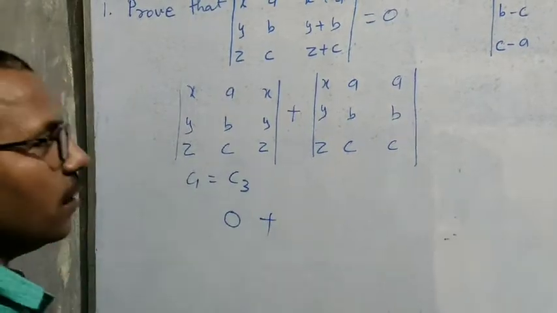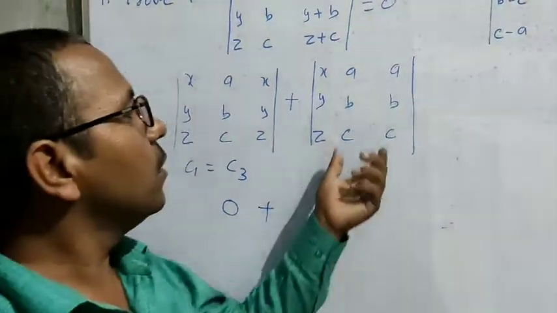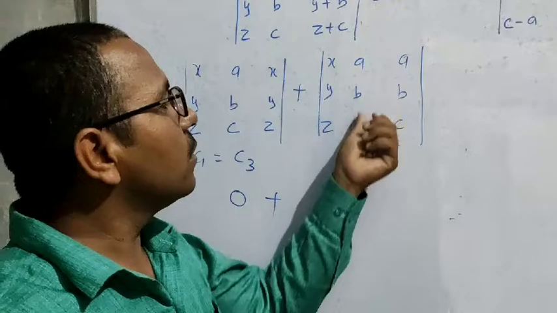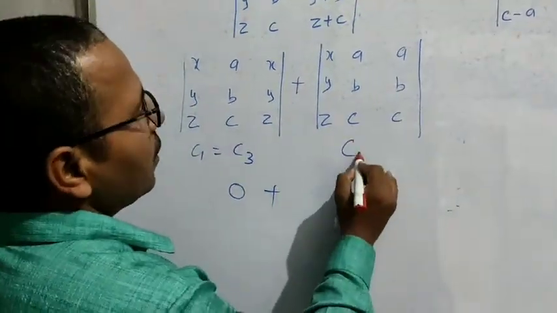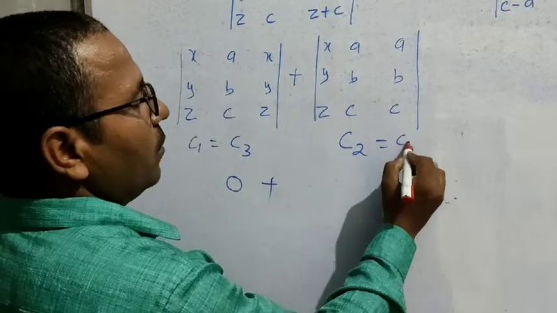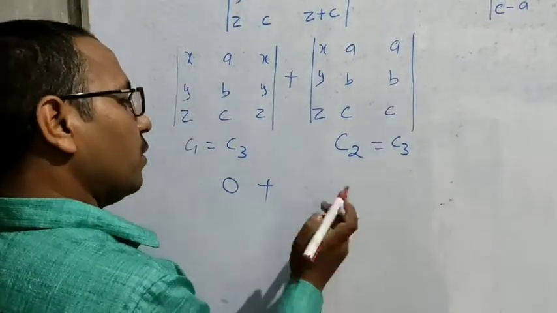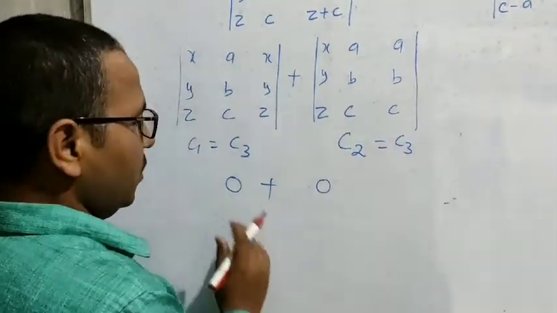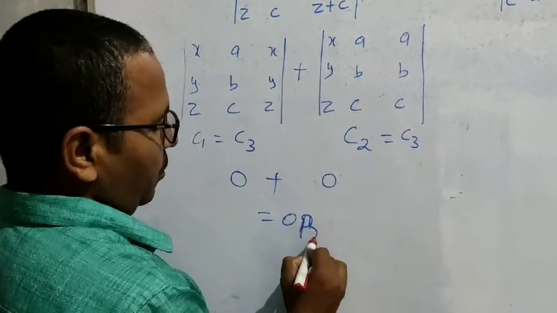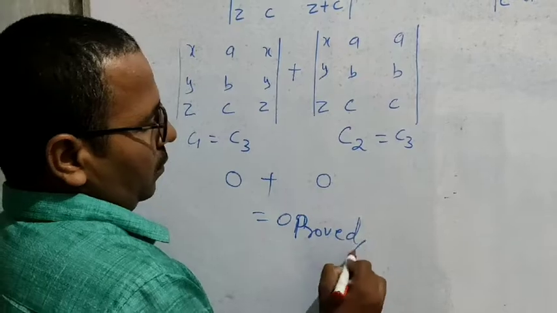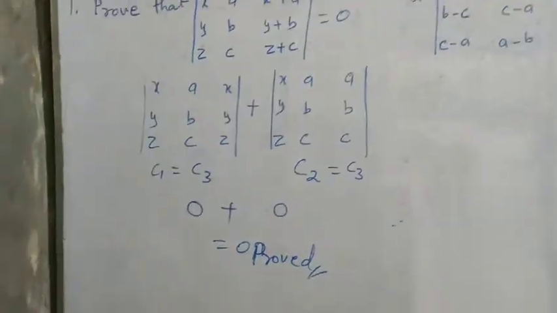In the same way, we can check this one also: A, B, C are equal, so column second is equal to column third, and its value is also 0. And 0 plus 0 gives 0. Hence it is proved.